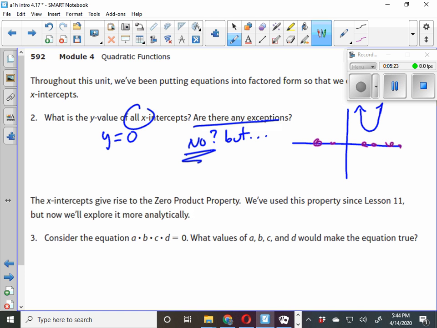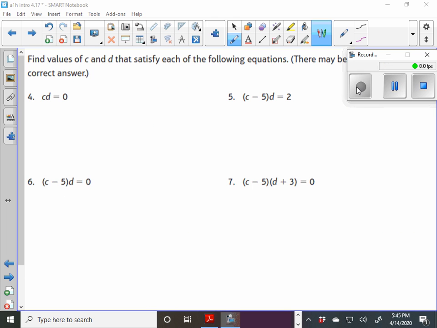All right, and then we jump down here to the zero product property. Then we know either a equals 0, b equals 0, c equals 0, or d is equal to 0. They don't all have to be 0, but any one of them can, and so those are reasonable answers for our solution. This just goes back and reviews what you already know.